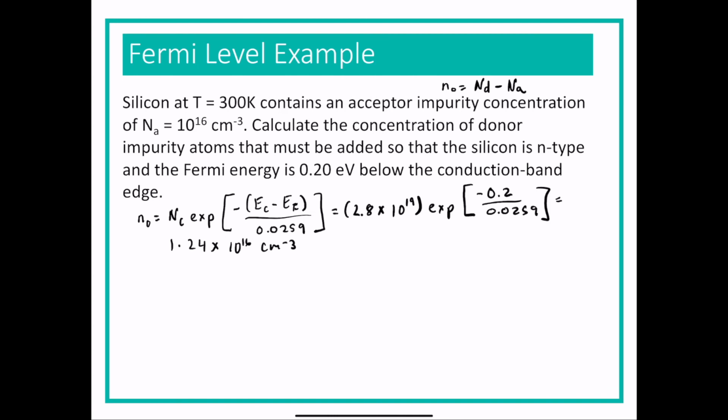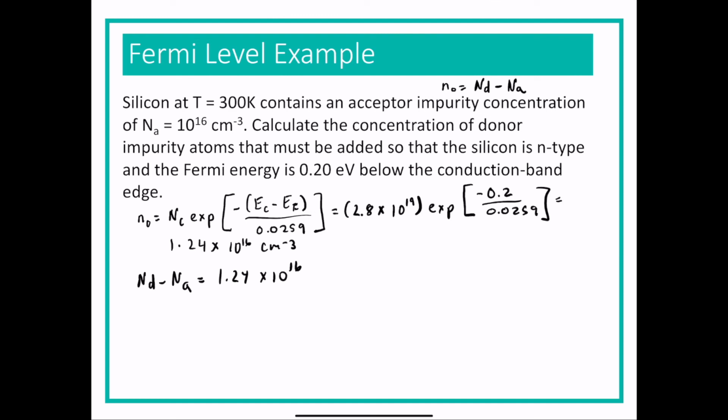So in order to get the Fermi level where we want it, that's how many electrons we have to have. So that's how we got to that point. That means that the number of donors minus the number of acceptors is going to equal 1.24 times 10 to the 16.